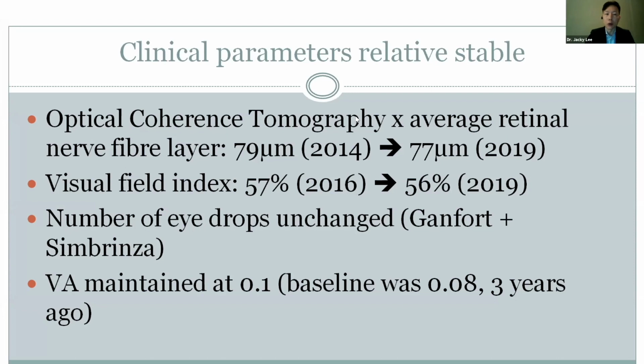I'm not so sure that we would have been able to keep this vision had he done a trabeculectomy or a glaucoma drainage device. Having gone through 5 or 6 previous surgeries and still being able to maintain vision after 3 years, the patient was quite satisfied.